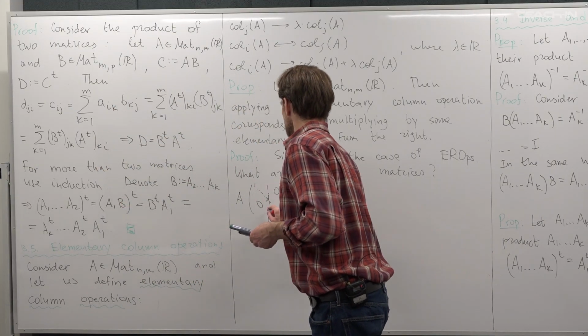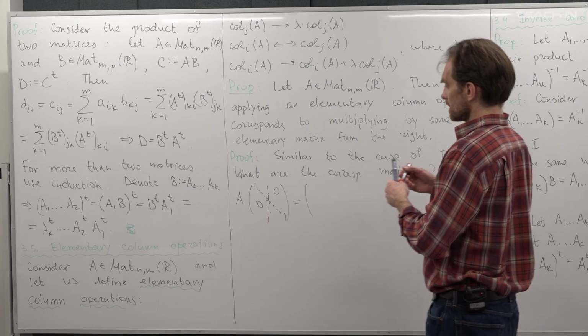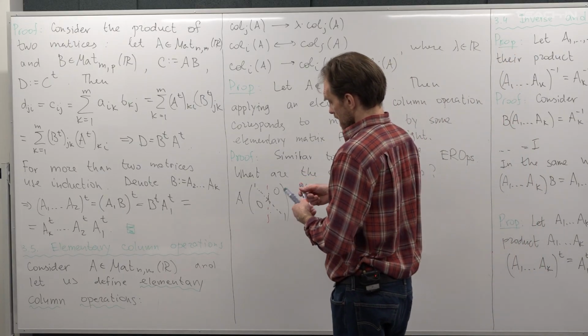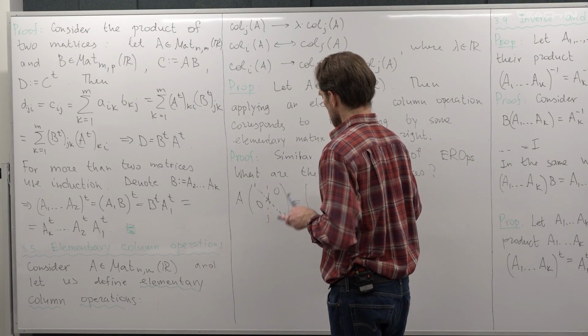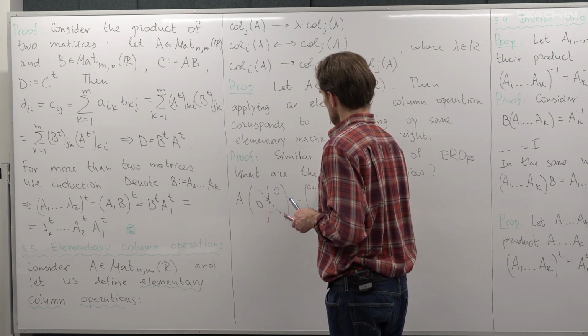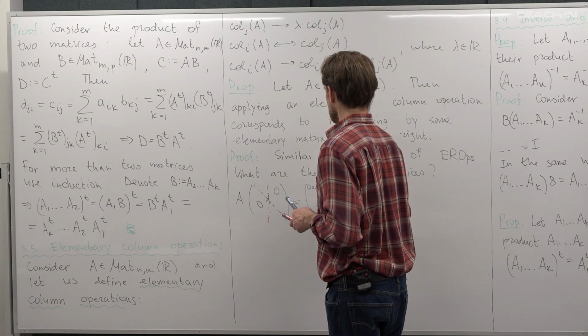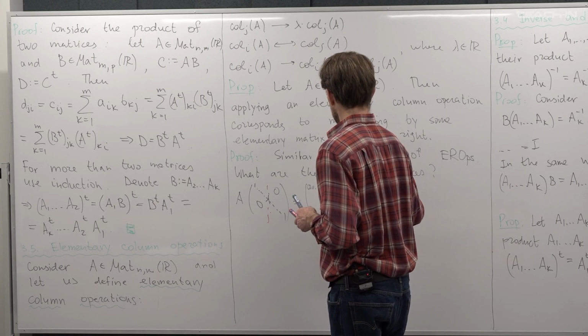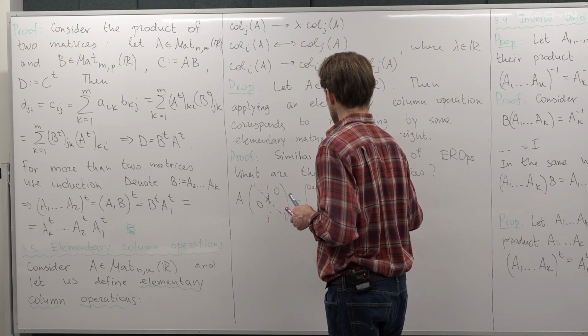So I consider such a matrix, and obviously when I multiply A by this matrix, I get the matrix such that its jth column is multiplied by lambda, and all other elements remain unchanged.